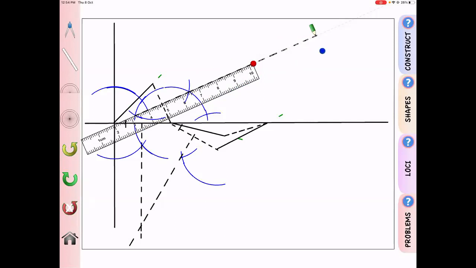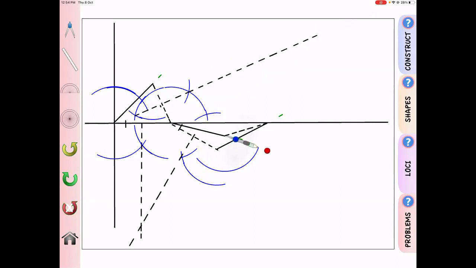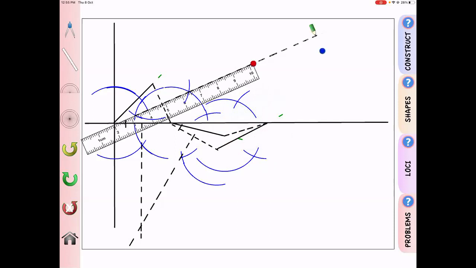Similarly, take the midpoint of D2 and D3, right? So this is dotted line here. We can take, okay. Take it here. So that would be the midpoint.